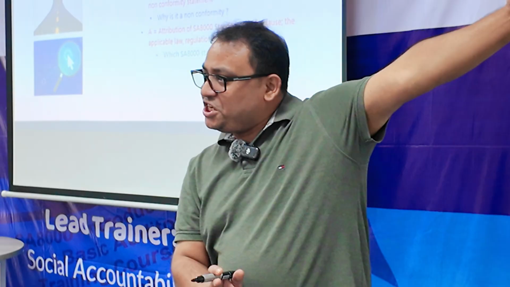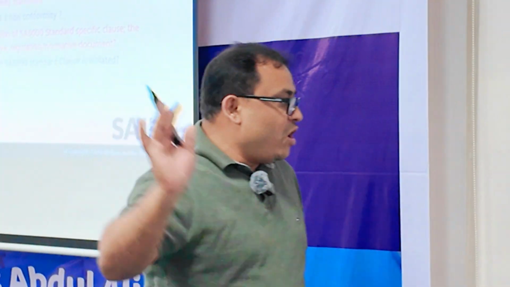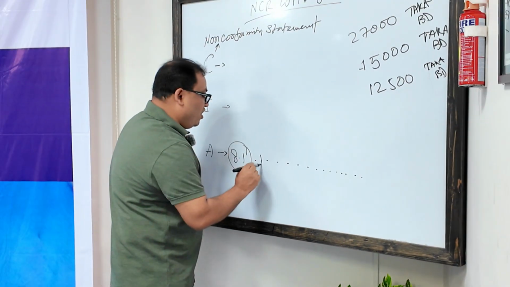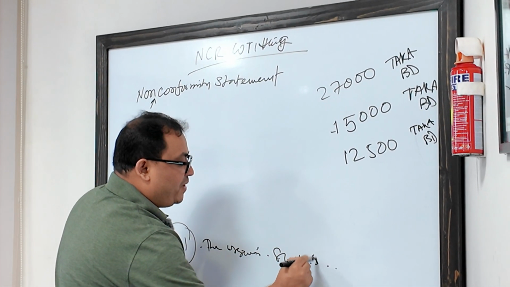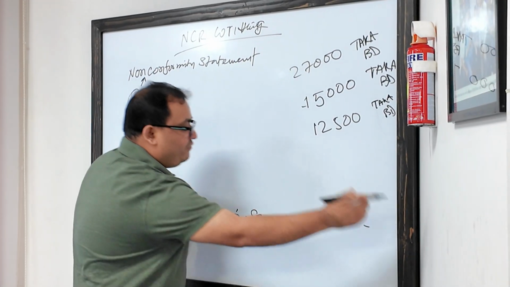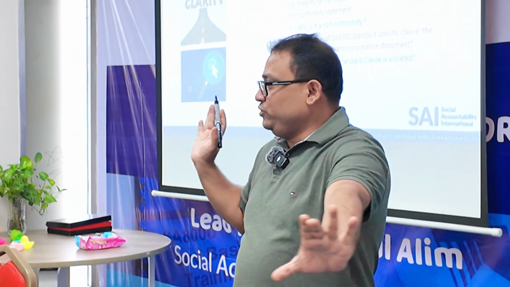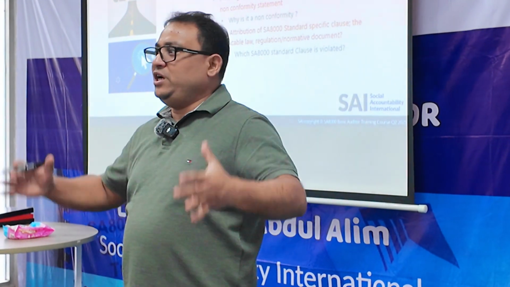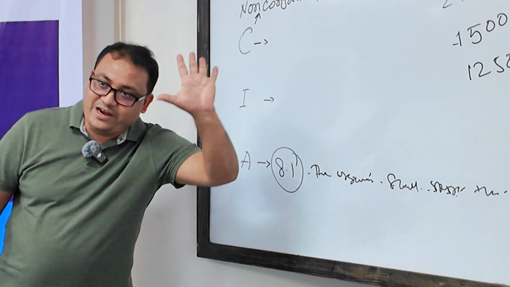This organization is not respecting that, so it is a non-conformity. From the standard itself, you can write the same sentence: the organization shall respect the right of living wage. This is the attribute. From the standard you can write it, so I am not writing the whole. For any standard in the world, S8000 or other, wherever the criteria is written, you will write the same.